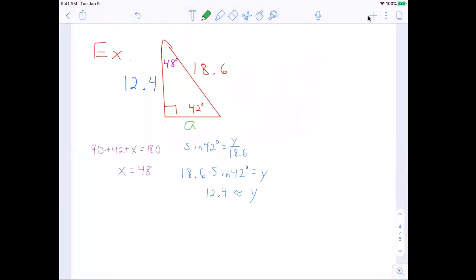And that I could do trig, or I could say A squared plus 12.4 squared, using Pythagorean theorem, equals 18.6 squared. Okay, so A is going to be the square root of 18.6 squared minus 12.4 squared.